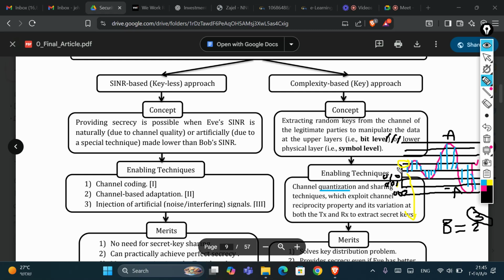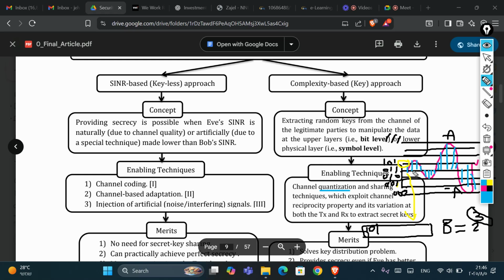The fourth level is 1, 1, 0. And the fifth level is 1, 0, 1. So for this sample in the sequence that I'm trying to generate, I will put 1, 0, 1. This is the first value representing the first sample in the signal.